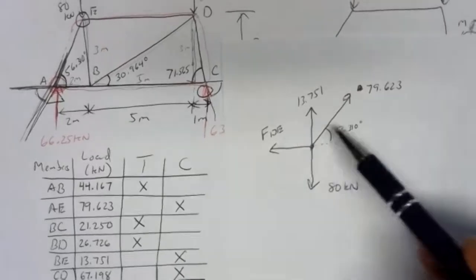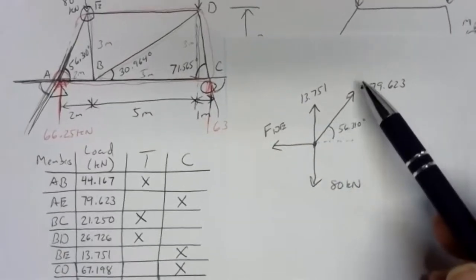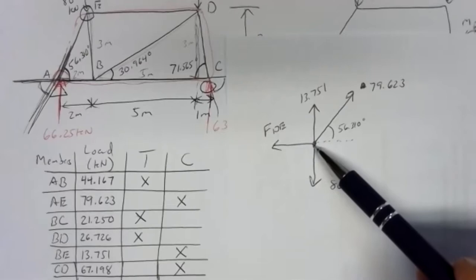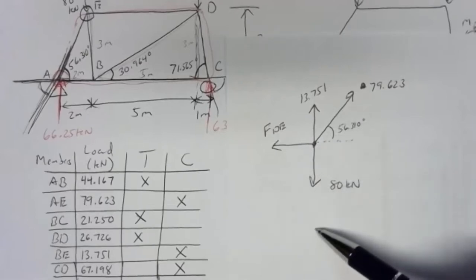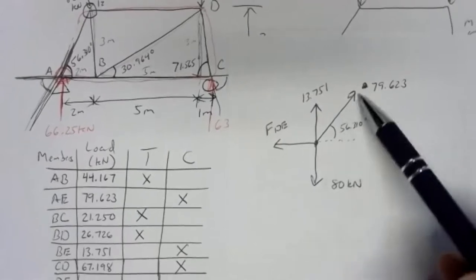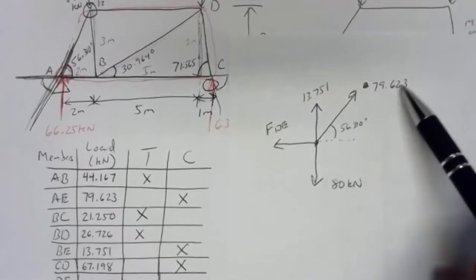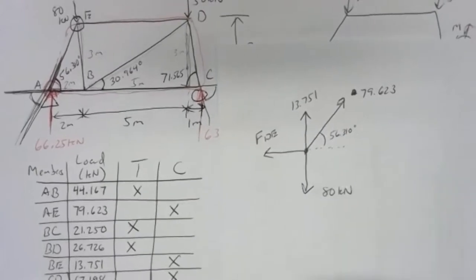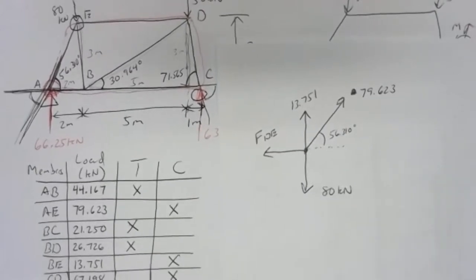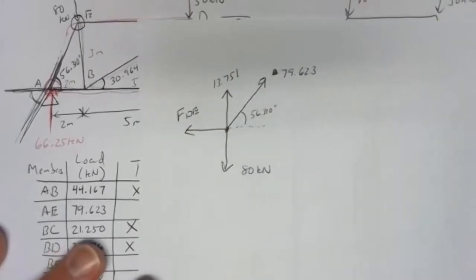Before, we've had everything else and our unknown on an angle. This time, we've got no choice. We can only do the x direction equation, because all the y direction equation is going to tell us is 0 equals 0. So when we take the sine of 79.623 and add it to 13.751, it's going to be 80 kilonewtons. So we've got to go with the x direction equation.